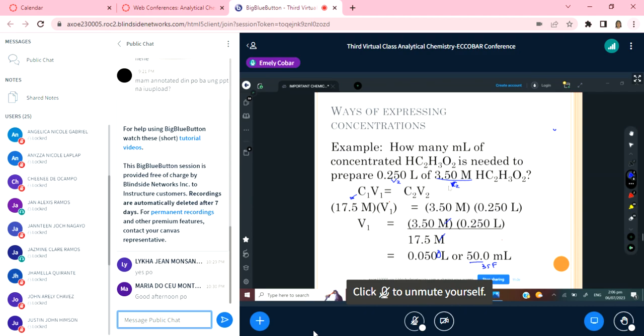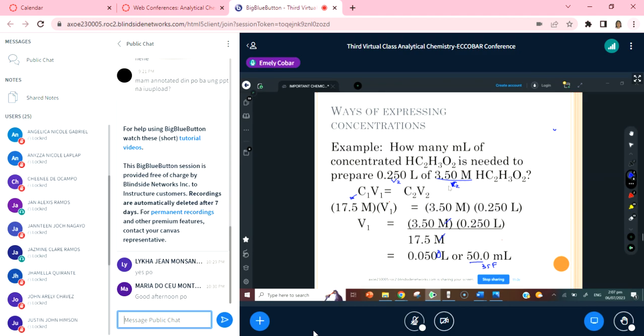Or, pwedeng i-convert mo pa yan sa ml. So, converting 0.500 liter in ml, okay, times 1,000 ml in 1 liter. So, you'll get 50.0 ml. So, ang ibig sabihin, mag-measure ka daw ng 50.0 ml of the concentrated acetic acid.